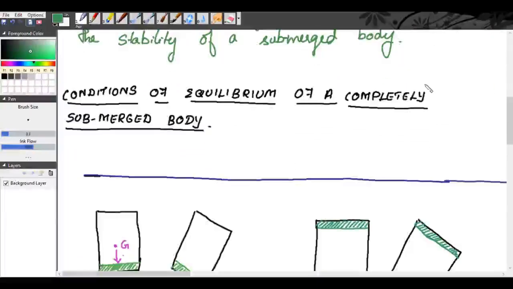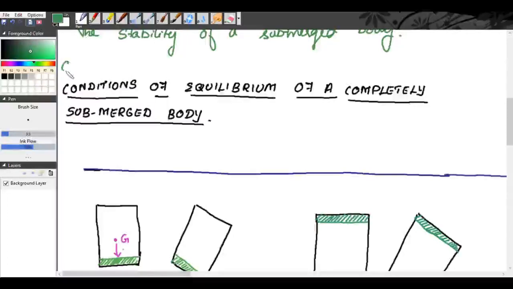So totally two cases. This is our case 1: conditions of equilibrium of a completely submerged body.